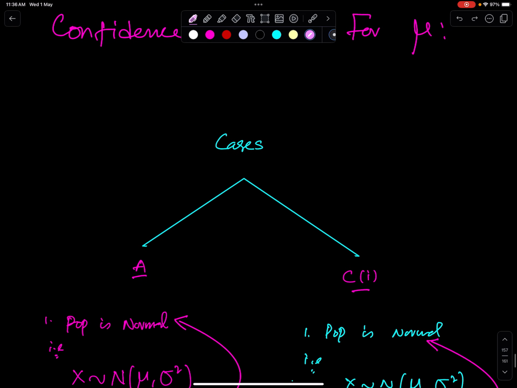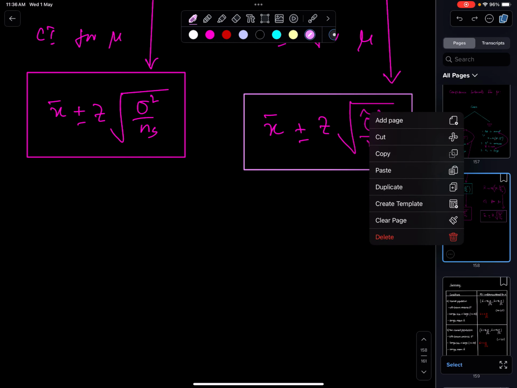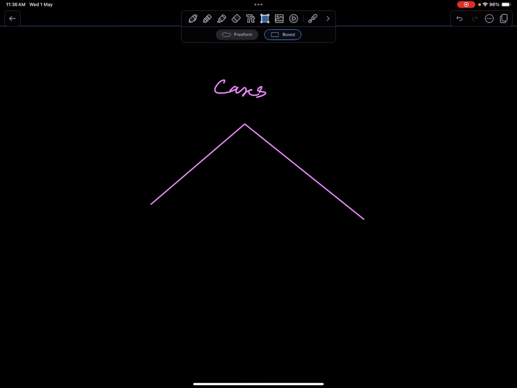So we have discussed case A and C1. Now let's discuss case B and C2. This is case B and this is case C2.